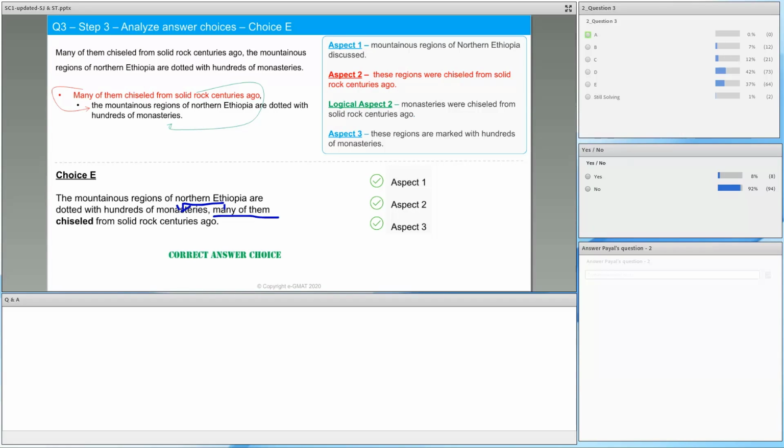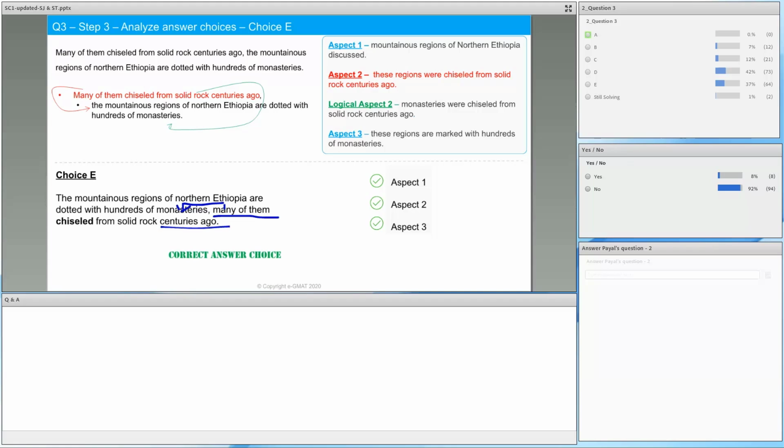So from the meaning perspective, choice D was also correct, no issues with that, but it used wrong grammar. And then of course, the meaning changed because the action of chiseling has already been done in the past. So that was incorrect. But in choice E, many of them chiseled from solid rock centuries ago, we already know that the action has already taken place centuries ago.